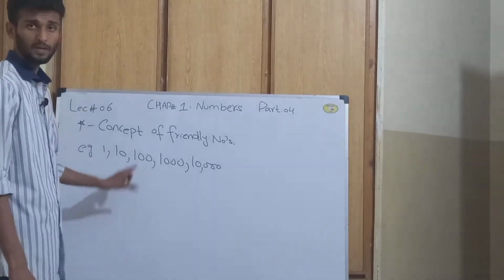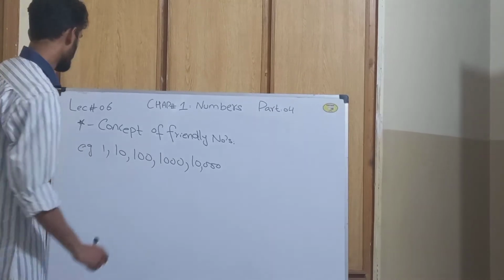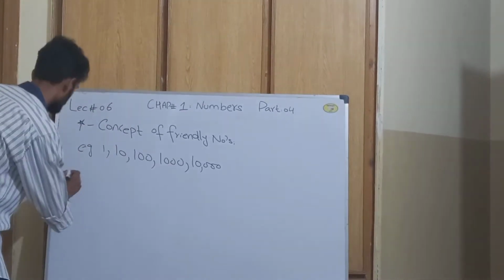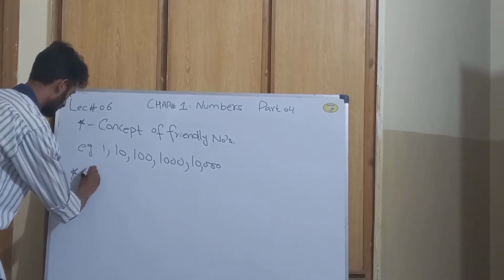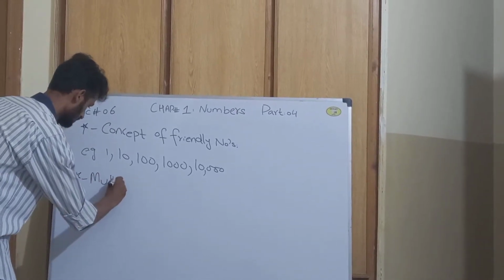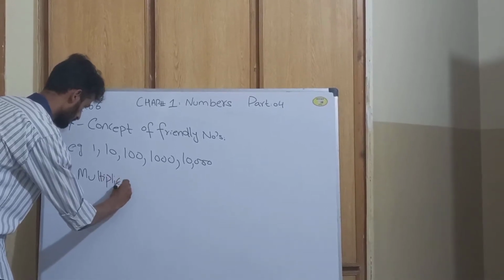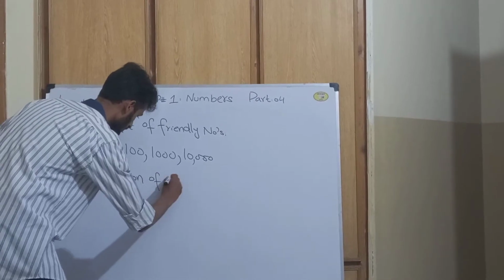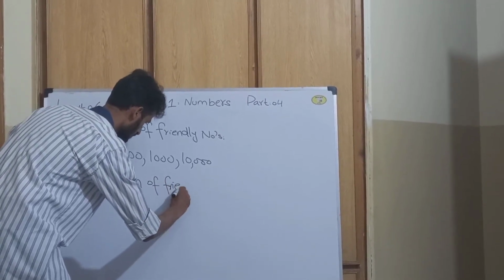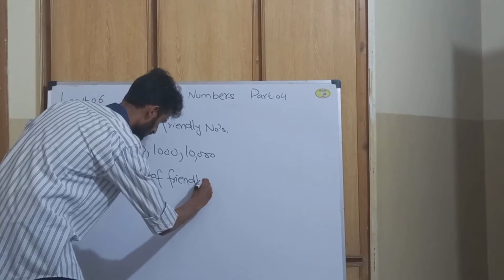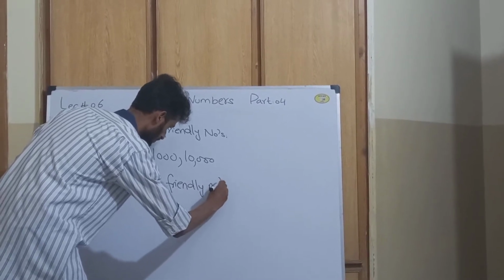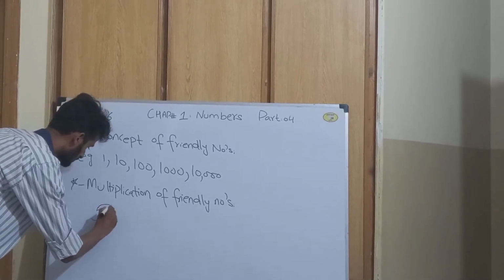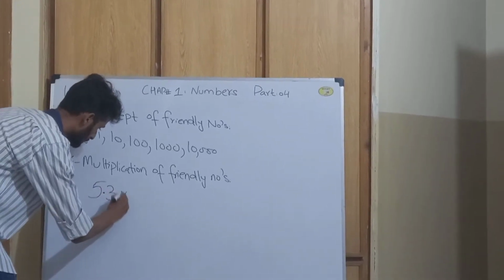It is easy to multiply or divide by a friendly number. Let's do an example. First we do multiplication of friendly numbers. 5.3 multiplied by 10.